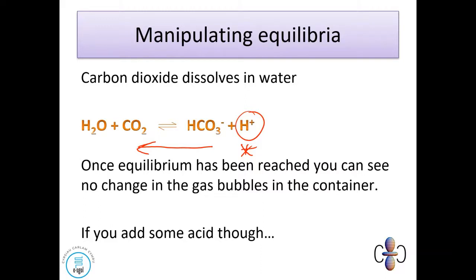So if you introduce something, a reversible reaction tries to undo that change. It tries to undo what you've done to it to make it go back to its status quo, its state of equilibrium where everything was happy and balanced. So if you introduce something, it shifts or changes to undo that.